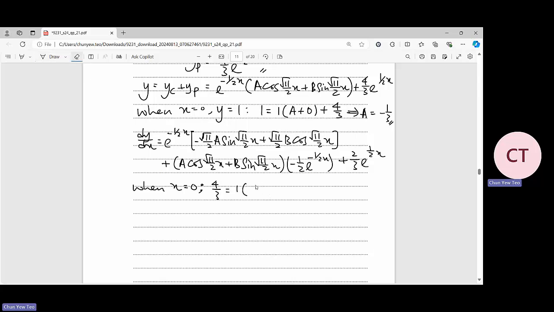the root 11 over 2 B. The first part already becomes 0 because sine 0 is 0. Then over here, you have A plus 0, negative half, plus 2 over 3. We already know that A is negative 1 over 3.